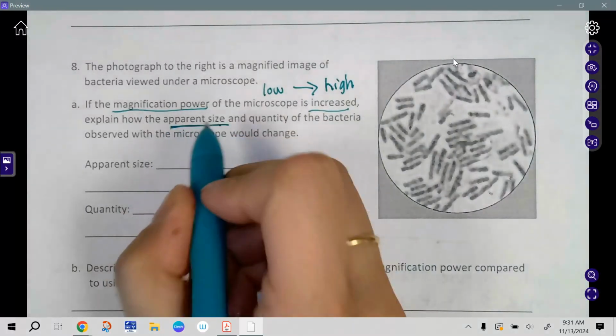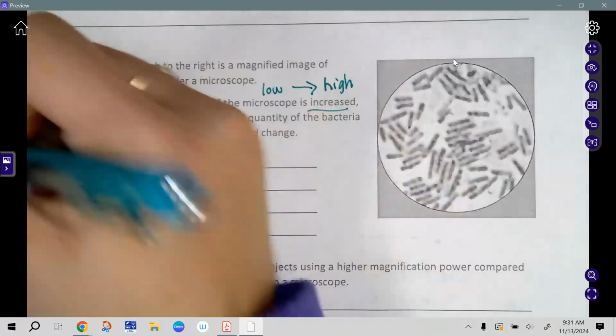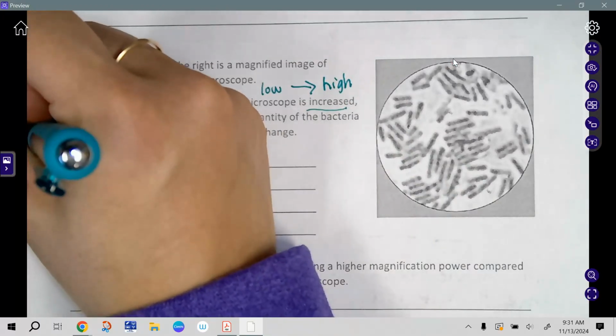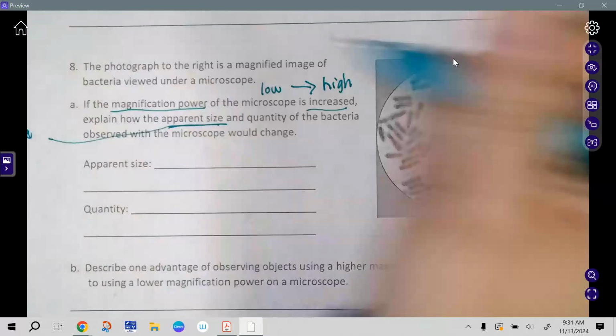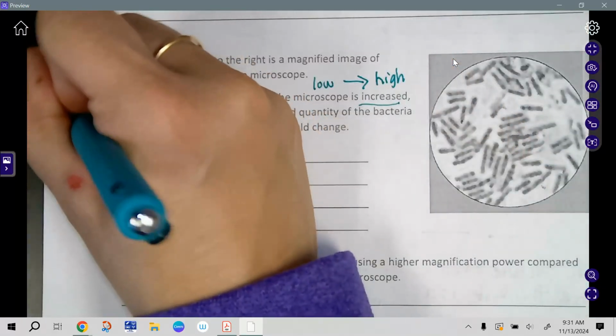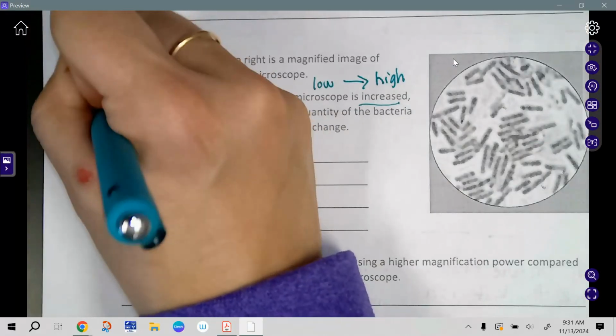What would their apparent size be? Would I see more? Sorry, with their apparent size, would they look bigger, smaller, or the same?